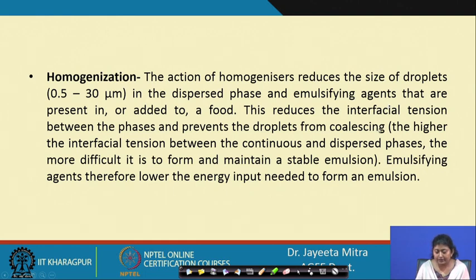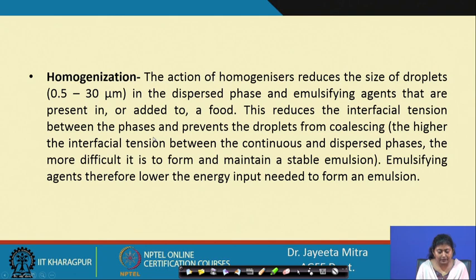So, this reduces the interfacial tension because size has been reduced from very low size from the initial size fraction. Because of this a lot of energy is required, and this reduces the interfacial tension between the phases, and prevents the droplets from coalescing.